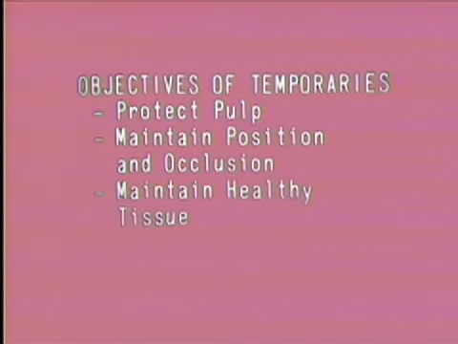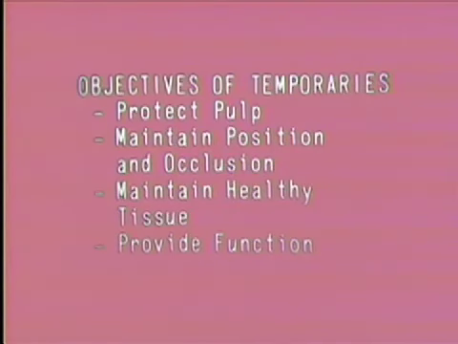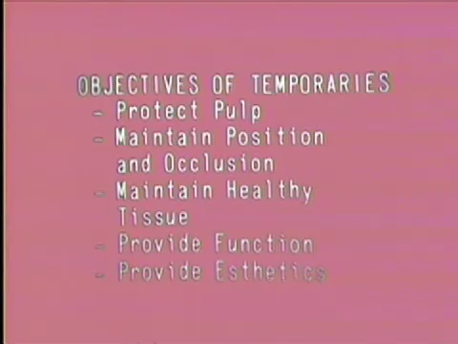People need to function while the restorations are being made, so the temporary must provide function for the patient. Also, in the anterior part of the mouth, the temporary must provide aesthetics. So this limits the methods and materials that can be used for the fabrication of temporaries.